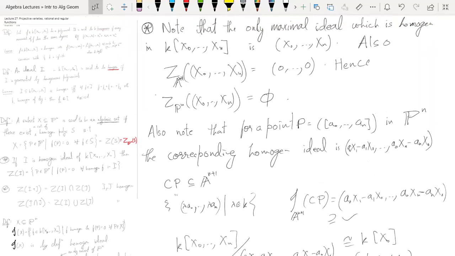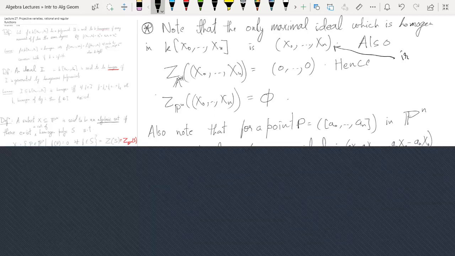So we also observed that the only maximal homogeneous ideal in this coordinate ring is (x0, ..., xn), the ideal generated by x naught to xn. So this ideal has a name. It is called the irrelevant maximal ideal.